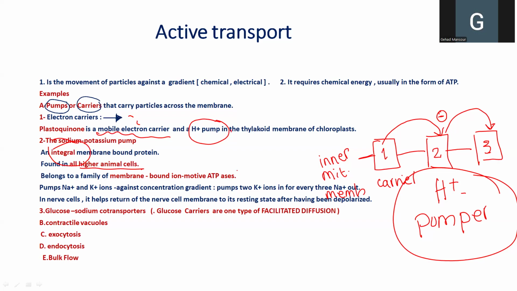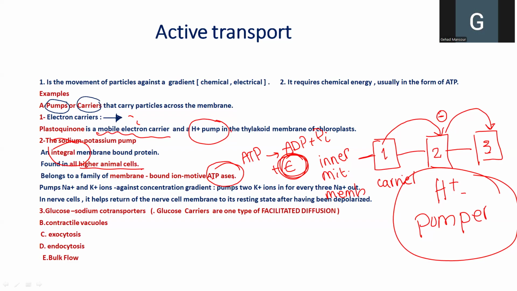The sodium-potassium pump is always associated with another protein, an enzyme called ATPase, which hydrolyzes ATP into ADP plus inorganic phosphate plus energy, and the energy released will be used in active transport.